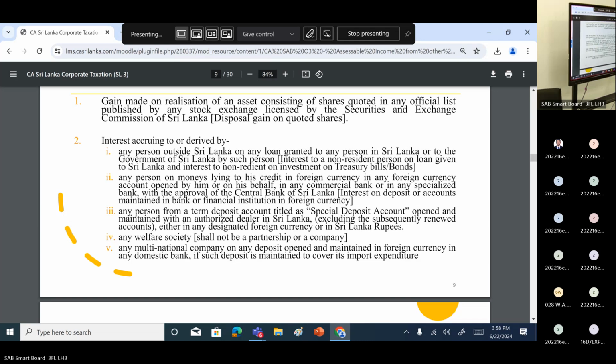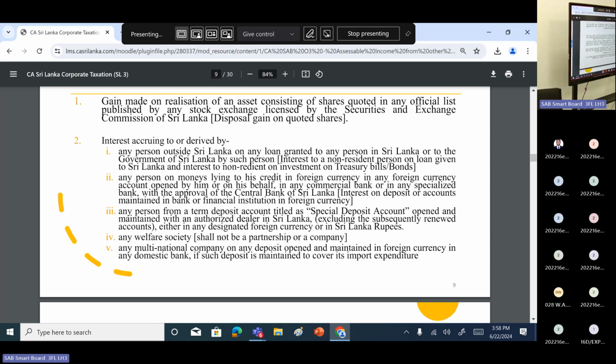Right? Interest paid to any person on money lent in foreign currency, in any foreign currency account opened by him or on his behalf in any commercial bank or specialized bank with the approval of the Central Bank of Sri Lanka. So exporters and others can open a foreign currency account in a commercial bank or licensed specialized bank in Sri Lanka.